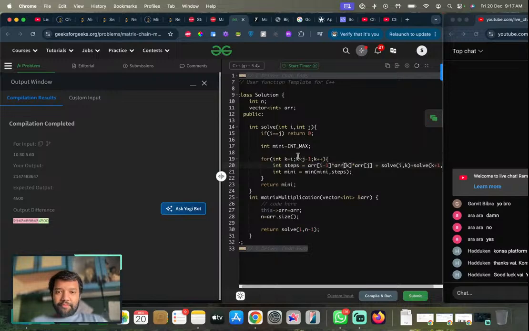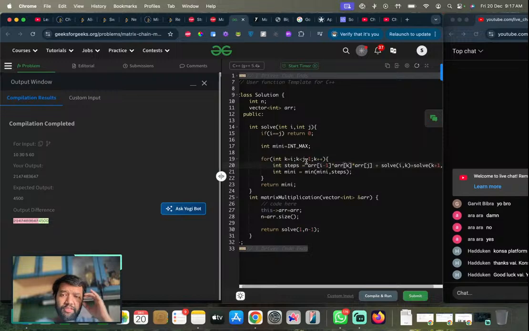So it goes to here. Now k is equal to 1, k is smaller than j minus 1, and k plus plus.